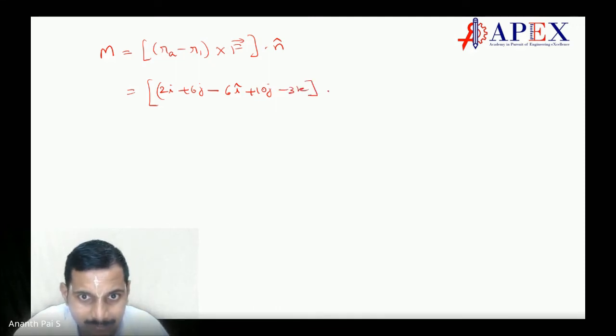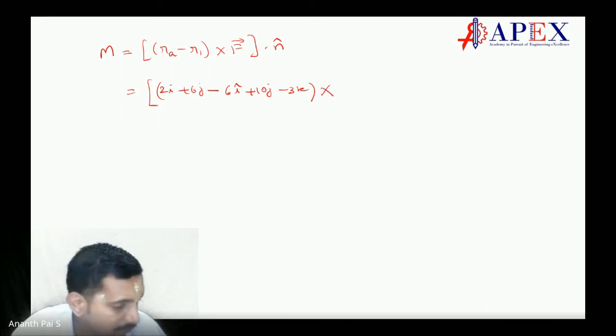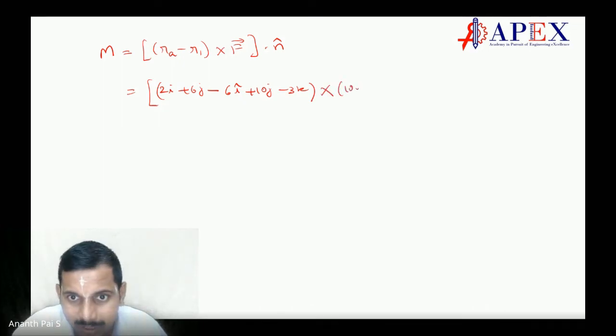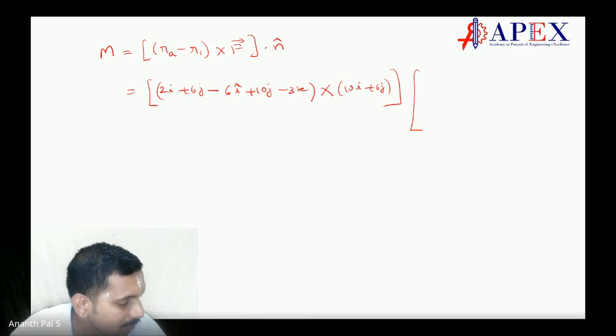What is N? Let me put it here, crossed with F. F is 10i plus 6j, correct? And then this N would be equal to R1 minus R2, or R2 minus R1, anything can happen. So let us take R1 minus R2.